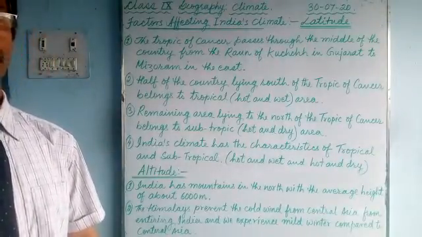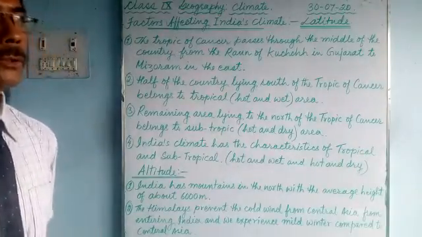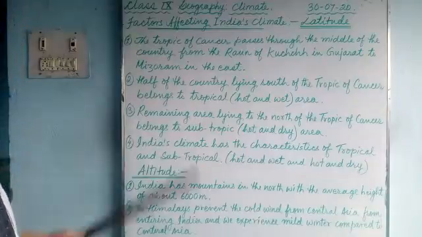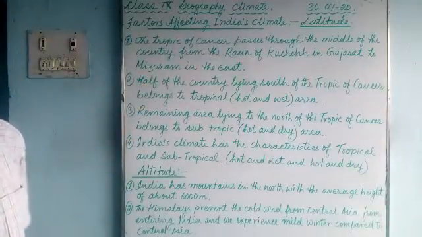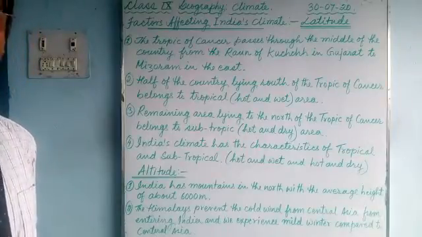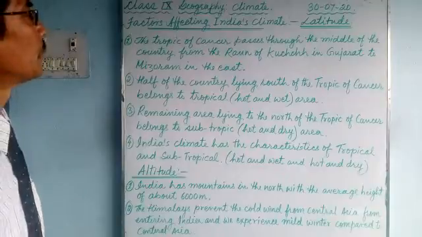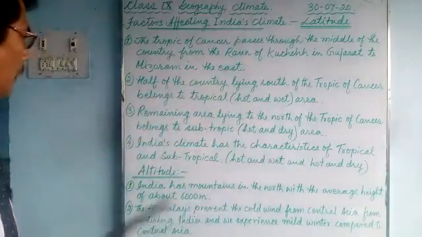And we are doing geography today, the climate. Today we'll do factors affecting India's climate. We'll learn about various factors that affect the climate of a place or a country. There are a number of factors such as latitude, altitude.